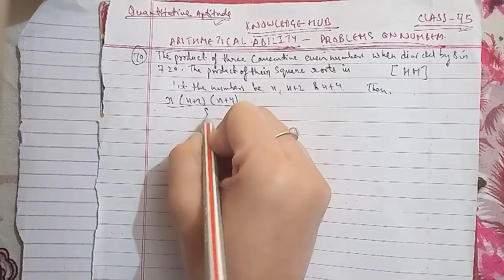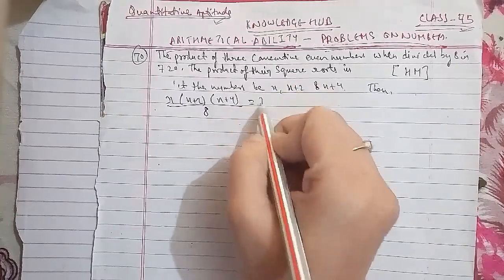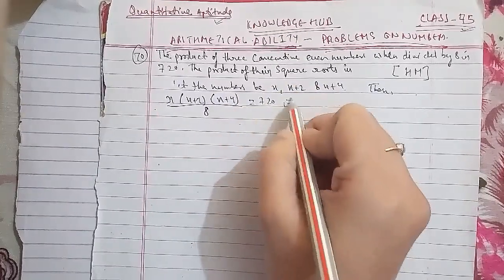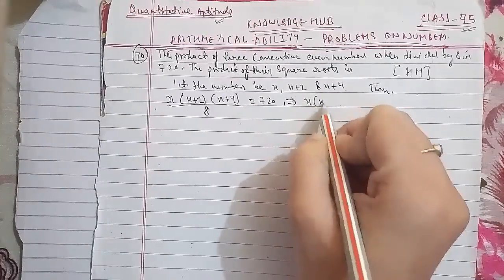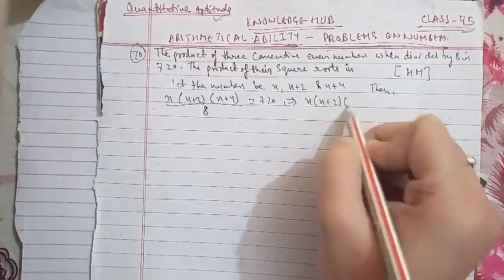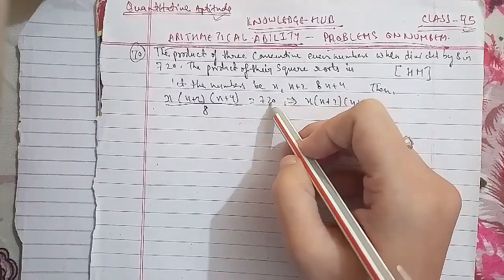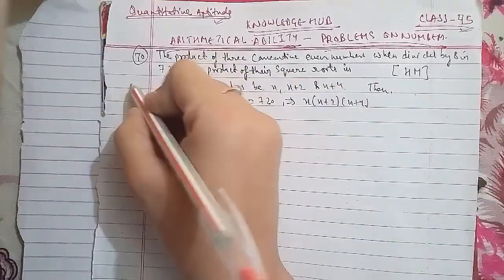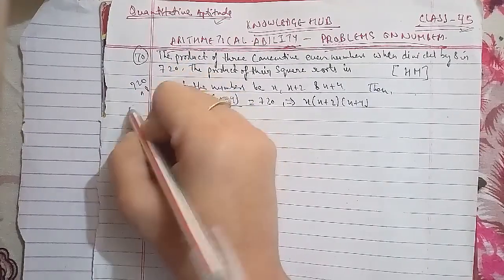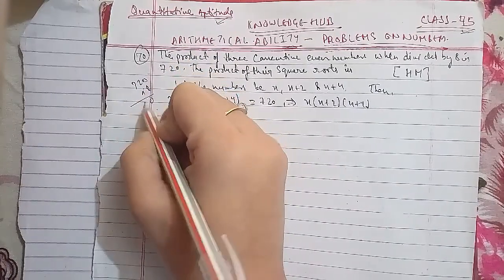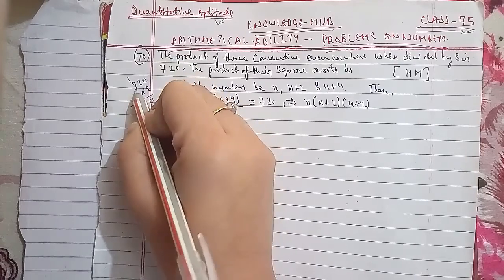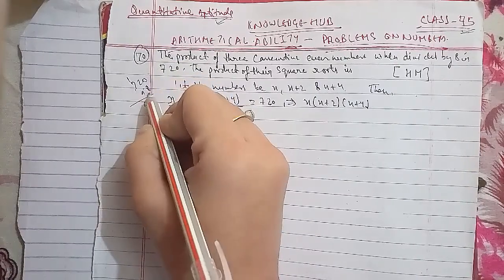Then x, x plus 2, x plus 4 equals 720 multiplied by 8. What will we get? 8 zeros are 0, 8 twos are 16, 6 and carry 1, 8 sevens are 56 plus 1, 57.